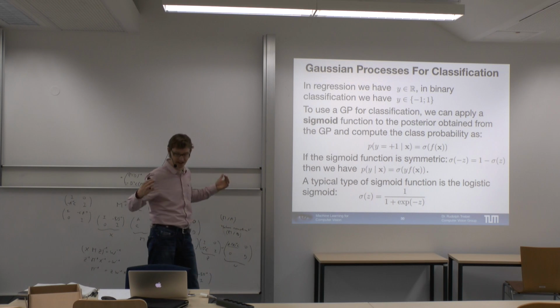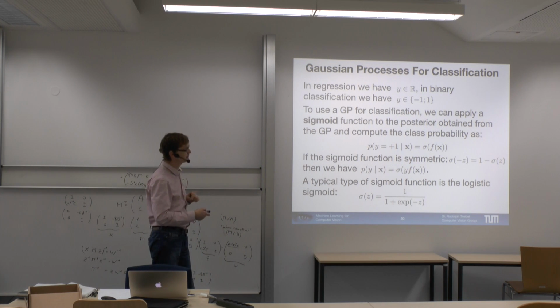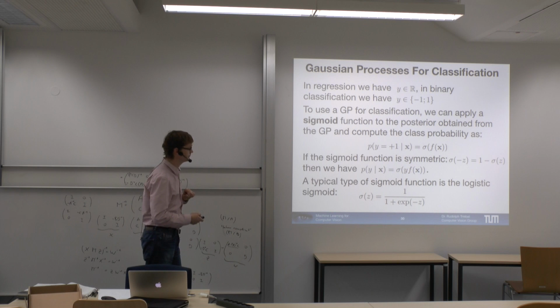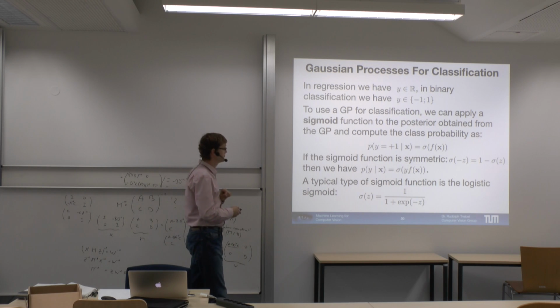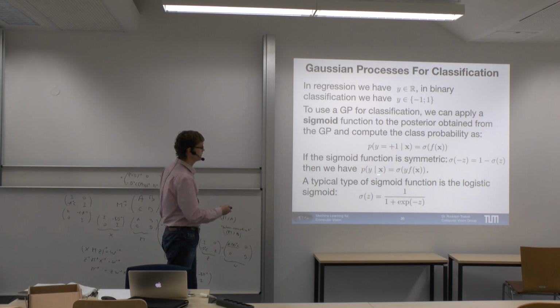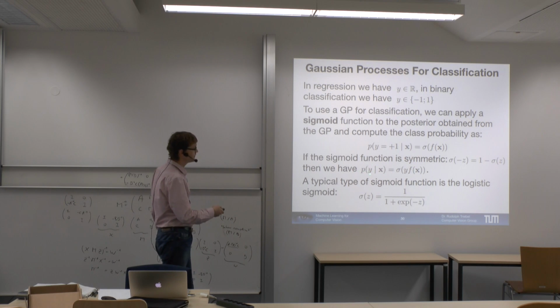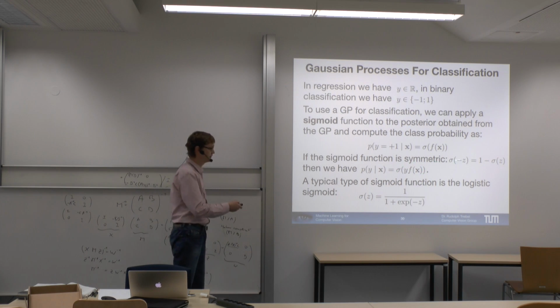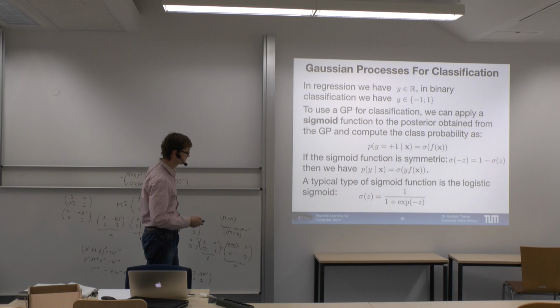So every value on the real axis is mapped into the interval between 0 and 1. We'll see examples of sigma functions here. And we assume that this is symmetric, that means that sigma of minus z equals 1 minus sigma z. Then we can directly say that the probability of y given x is sigma of y times f. We can express this whole thing just as that, if we know that sigma is symmetric.